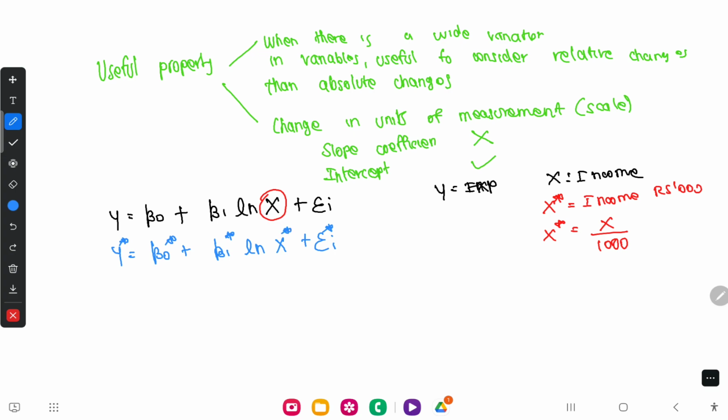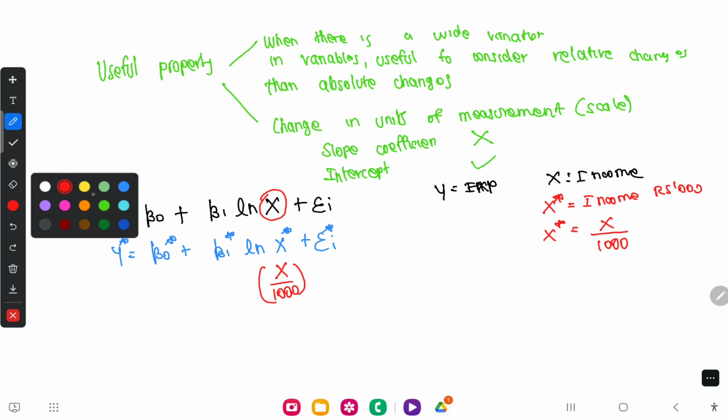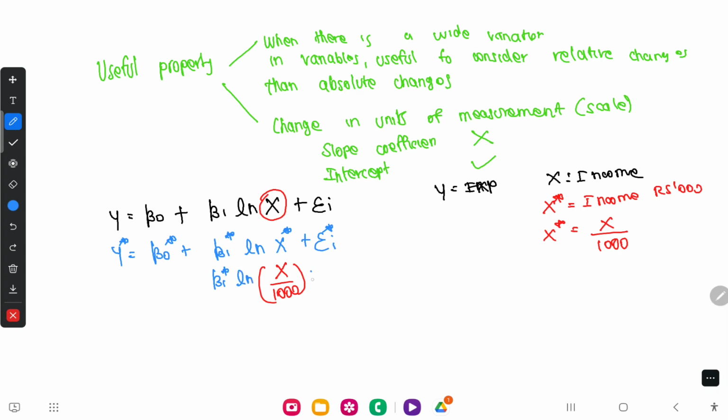But instead of x star, I can write x over 1000, right? The rest is the same, plus beta naught.